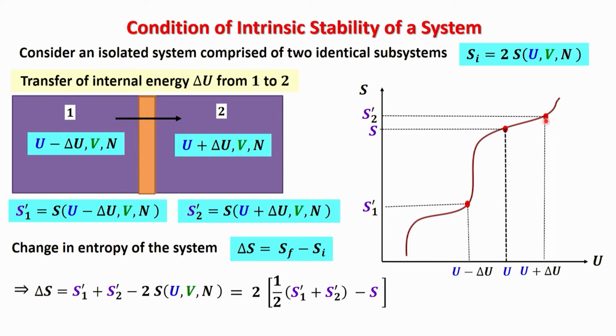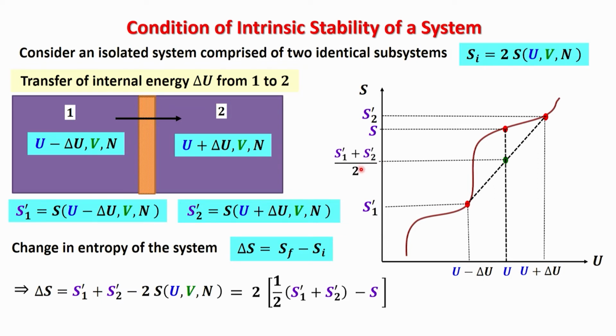Now, if I join these 2 points by a straight line as before, I find that this must be the point where S1 prime plus S2 prime by 2 is the value of entropy corresponding to U.